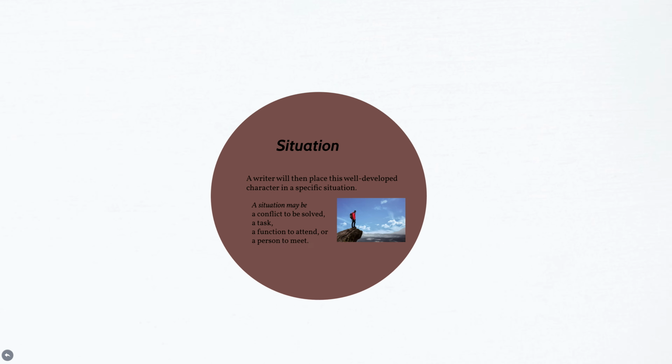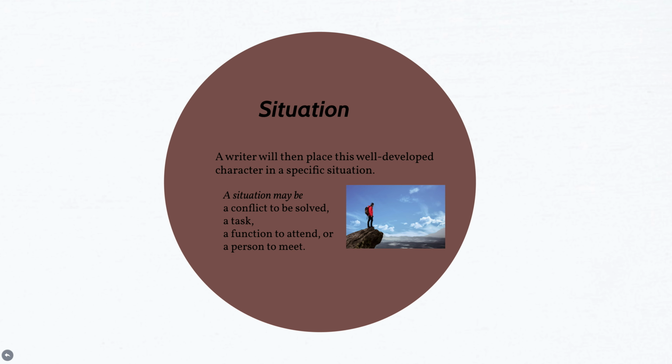The second part of a pathetic situation is then the situation that the writer will place this character in. And a situation may be a conflict to solve, a task, a function to attend, a person to meet.